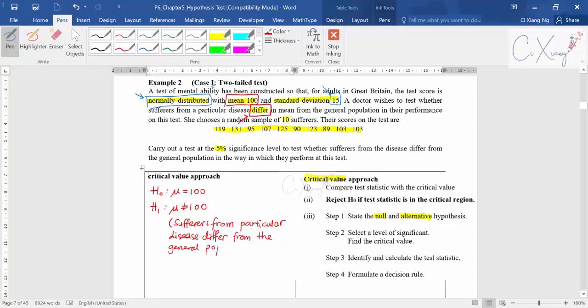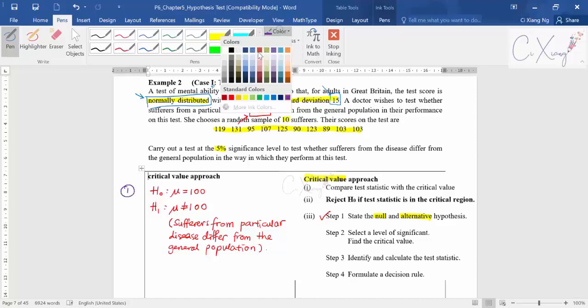Usually we try to copy it from the question. I try to use the sentence from the question itself. So this is the sentence about the alternative hypothesis. Then I'm done with step number 1, where you state the null and alternative hypothesis.